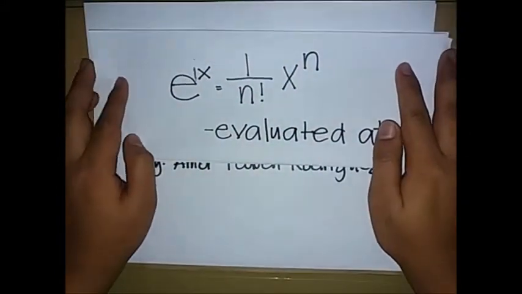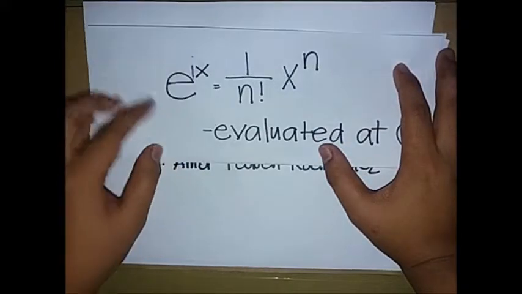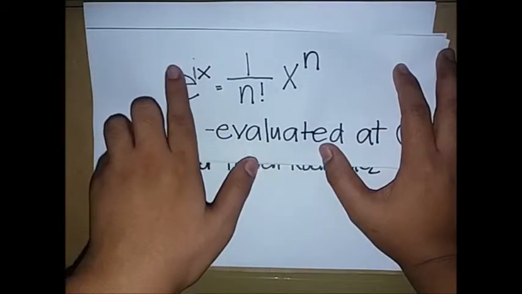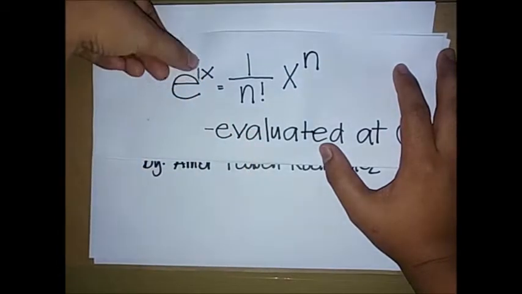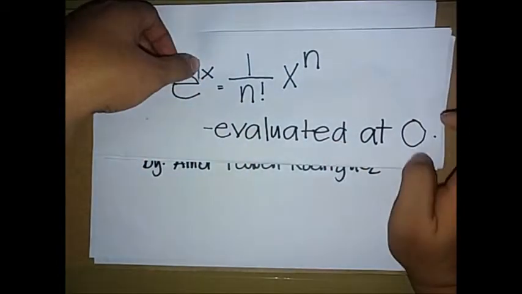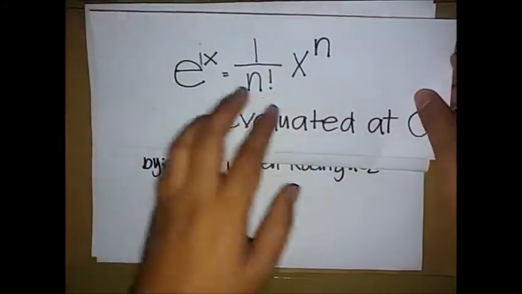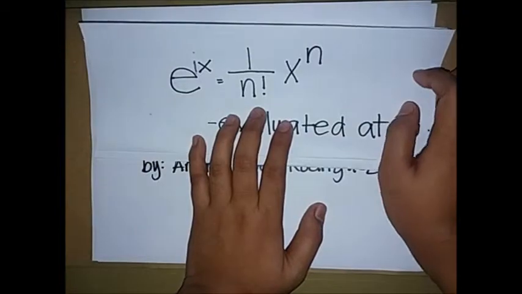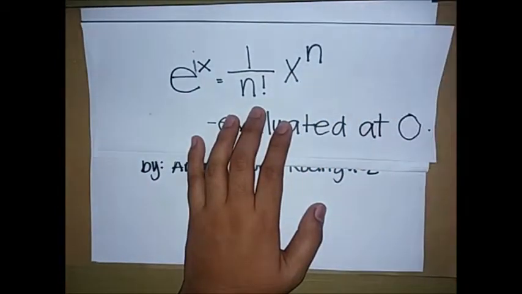So we all know that if we evaluate e raised to x, just disregard the i here first, at 0, we will have this expression: 1 over n factorial times x raised to n.